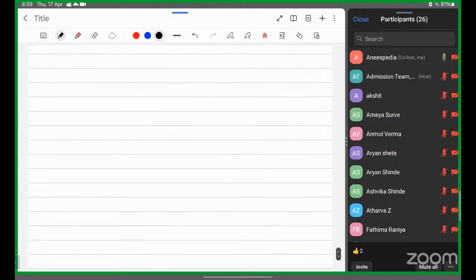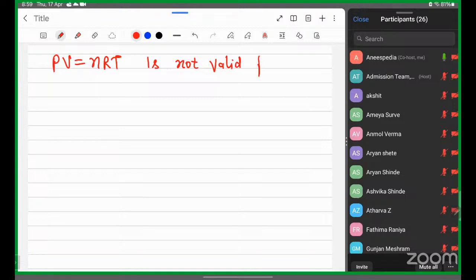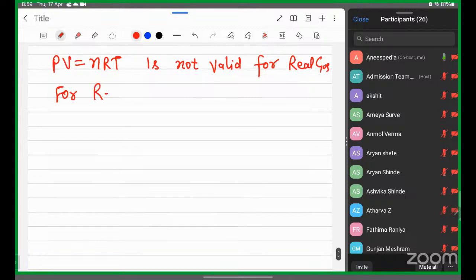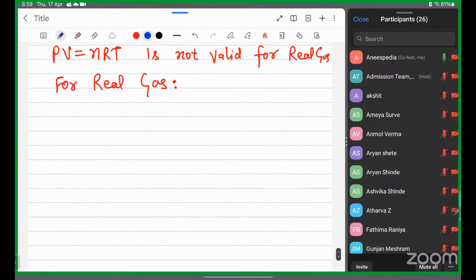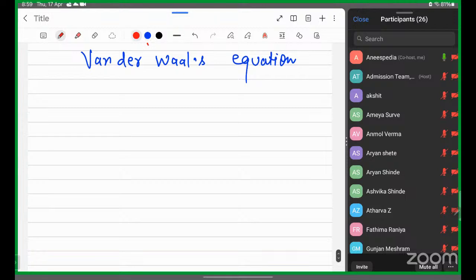And the last one is the van der Waals equation. Since PV equals nRT is not valid for real gases, for real gases we have another equation which was given by van der Waals, hence the name van der Waals equation. It is a modified ideal gas equation.